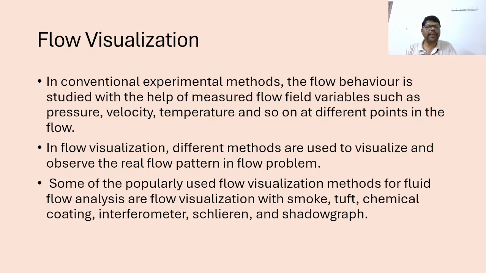Based on these variables, with the help of some correlations or equations, we can say this is the force exerted by the fluid, like lift or drag, or this is the pressure distribution, or this is the direction of flow.